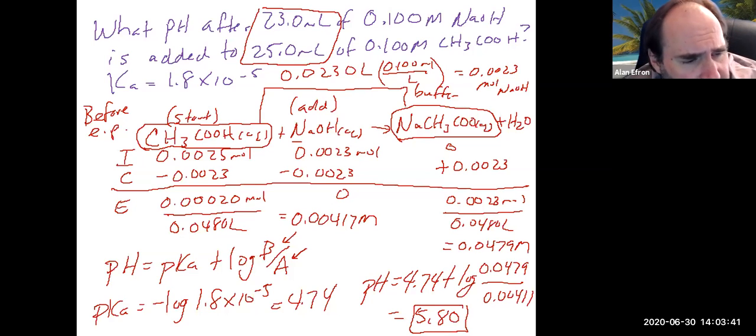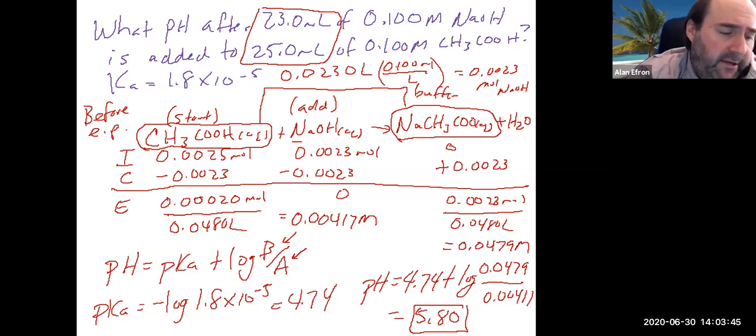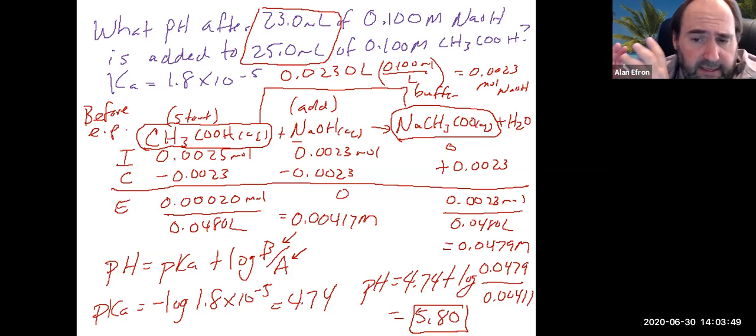If you are to go on to another ice table, you definitely should have it in molarity. There are other calculations that you definitely need in molarity, so usually it's really good practice to convert it back to molarity after that first ice table. Any questions on any of that?